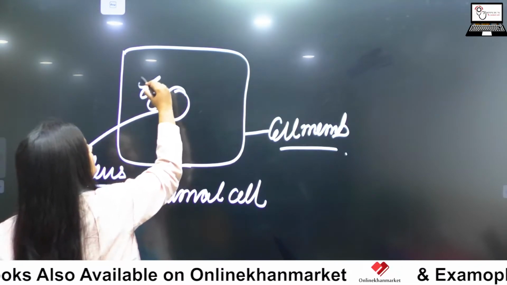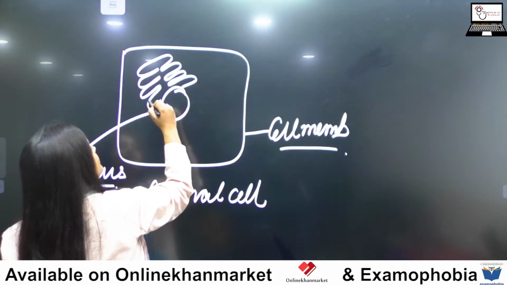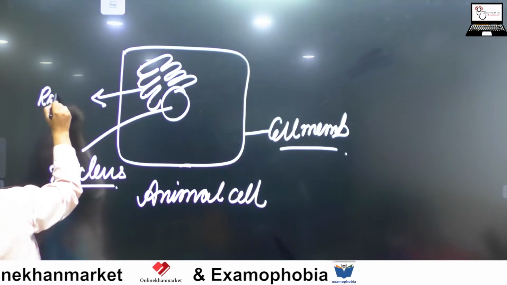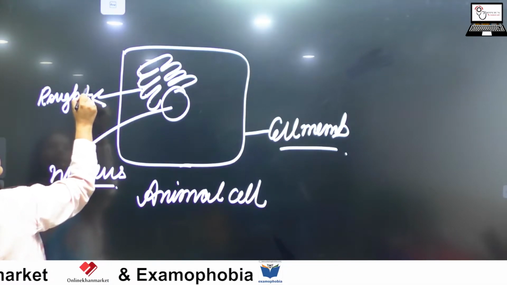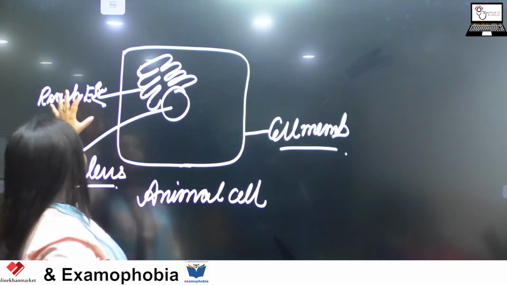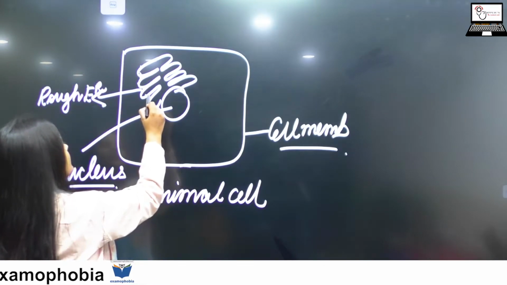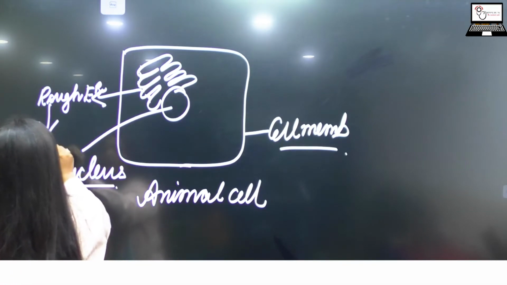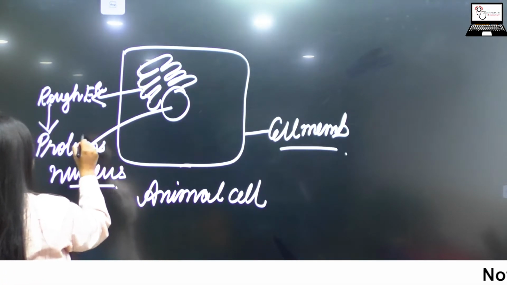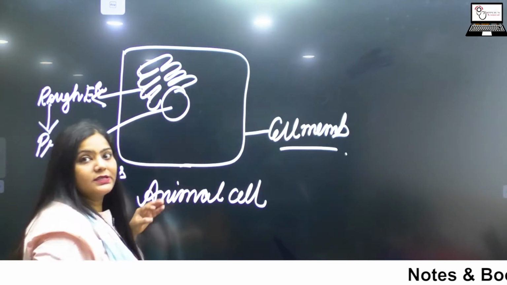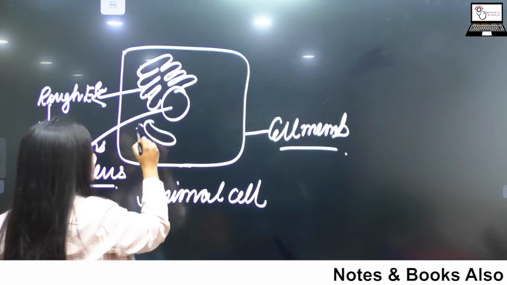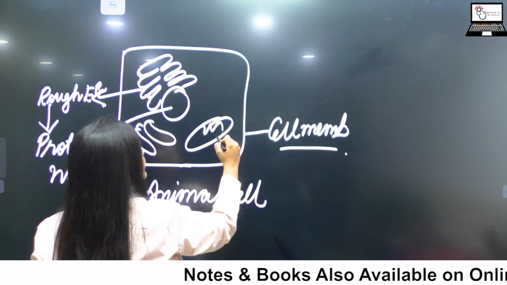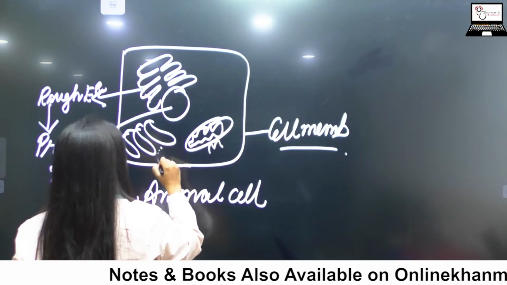Then a number of projections on which ribosomes are present. This is called the rough endoplasmic reticulum. To this rough endoplasmic reticulum, of course, the ribosomes are attached. These ribosomes form the proteins. In order to process the protein, Golgi complexes are present. To provide the energy, the mitochondria is present, right?